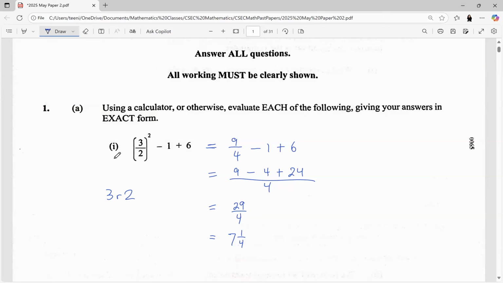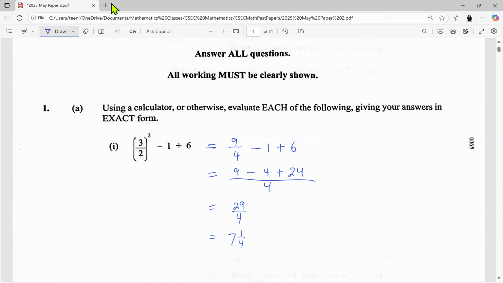Good. So you could do it piece by piece too. You don't need to enter the whole sum into your calculator. We could do 3 over 2 times 3 over 2. Do that for me, Josh, and tell me what you get on your calculator. Yes, miss.